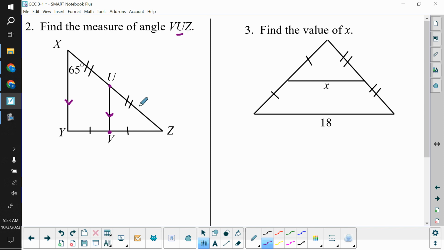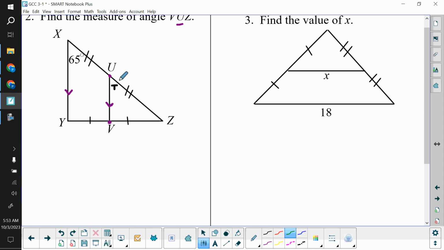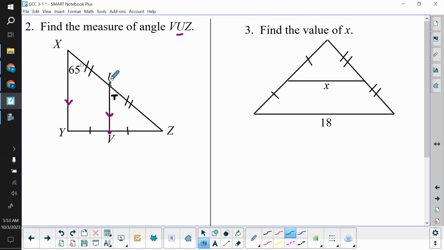Use the middle letter, so that's where the angle is actually happening. So if we follow V, then U, then Z, that's going to be this angle right here. X is already in our problem, so we can't use that. I'm going to put a T in there, and we'll be looking for angle T. Because we have parallel lines, we can extend our lines so it looks more similar to our parallel line picture.